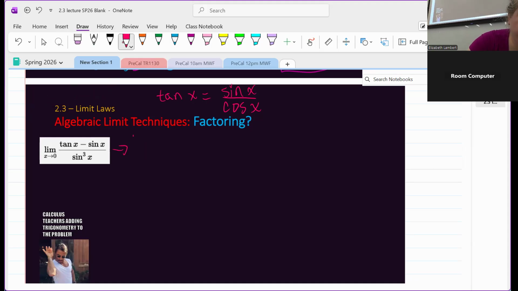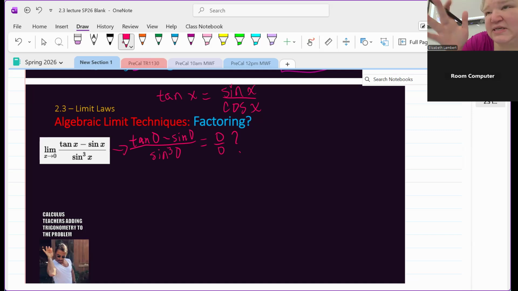I'll just do it here. So 0 over 0. When we got that 0 over 0 before, we did indeed find something that we could factor out and cancel. The same is true here.